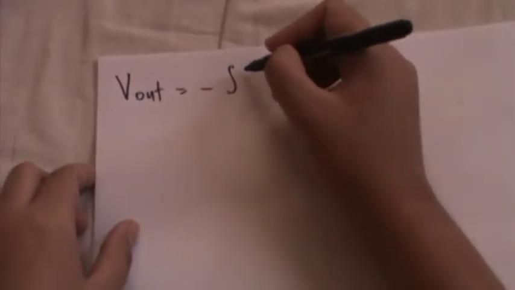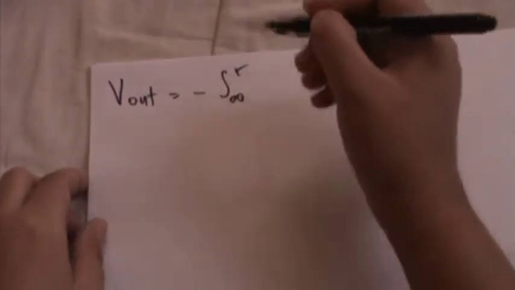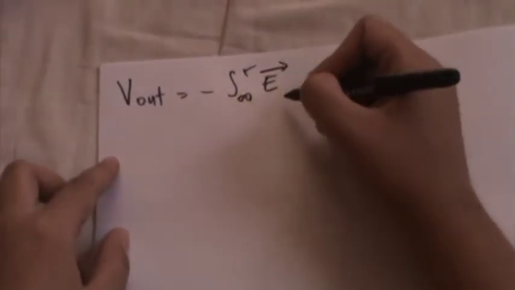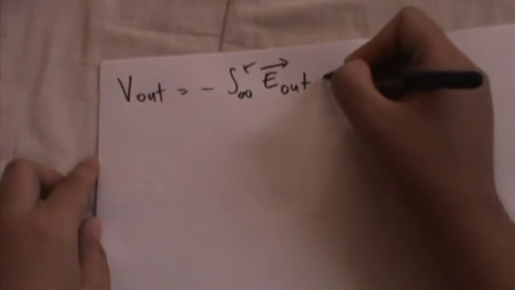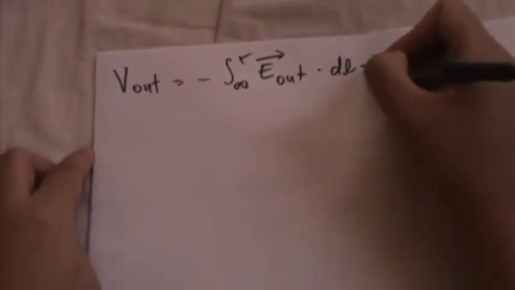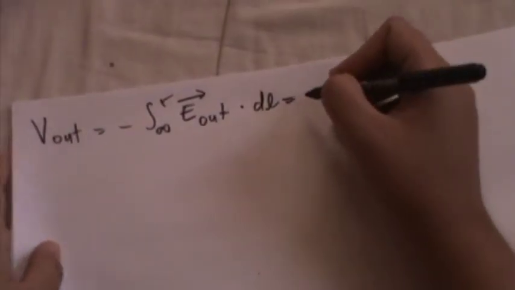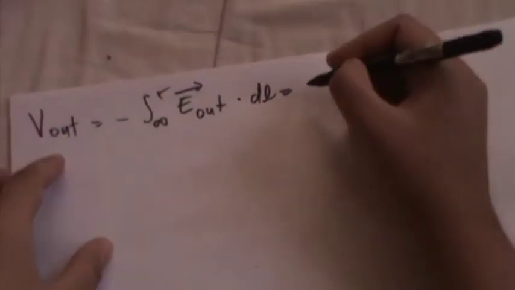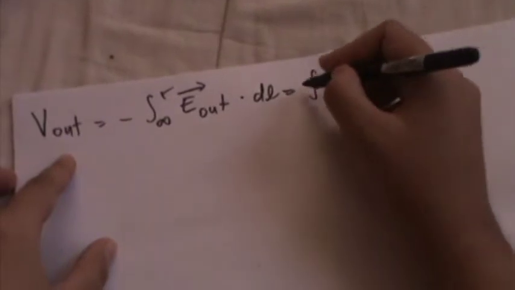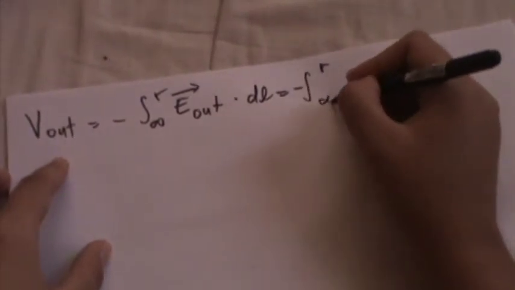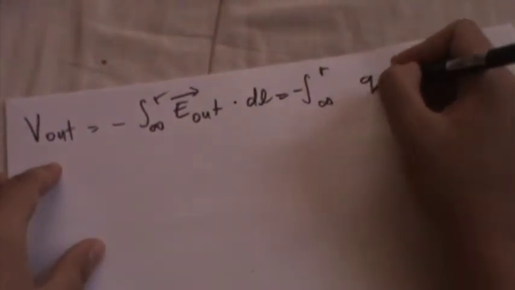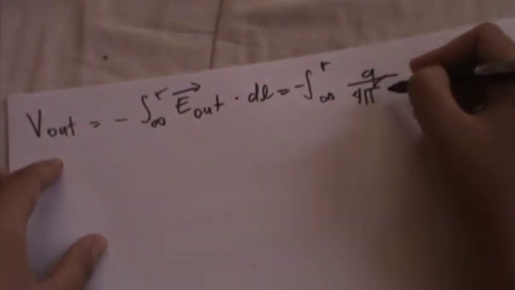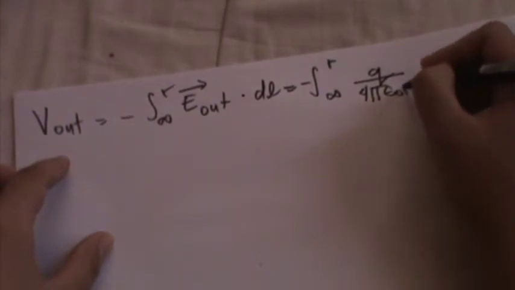Negative integral from r to infinity of electric field out times dl equals, you have to substitute E out from the solid sphere, so we'll have negative integral from r to infinity of Q over 4 pi epsilon naught r squared.